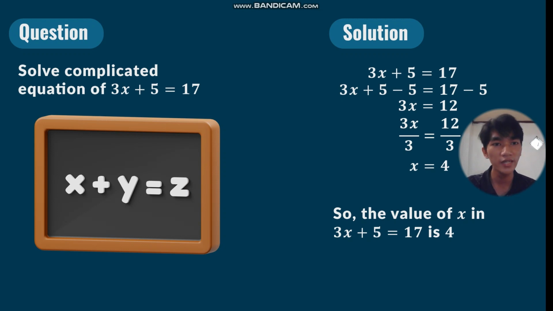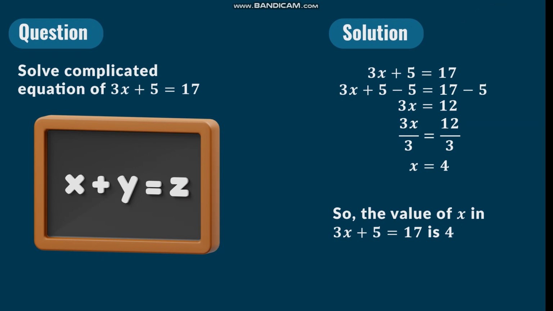So we have 3x equals 12. And again, we divide both sides by 3. So 3x divided by 3 equals 12 divided by 3. So the value of x is 4.